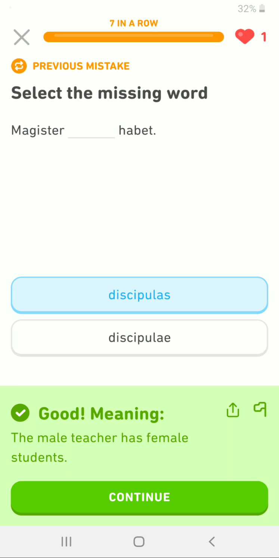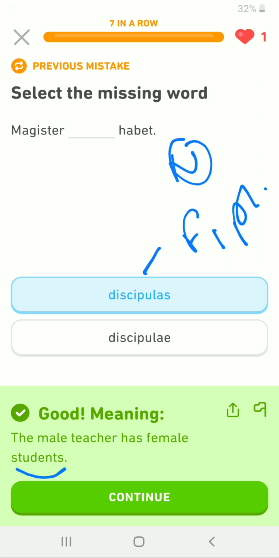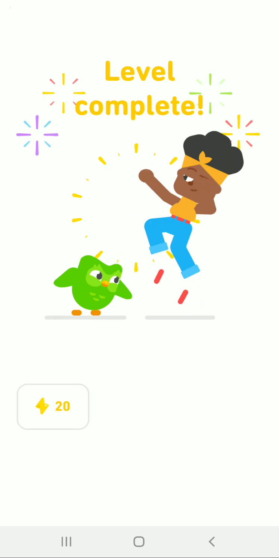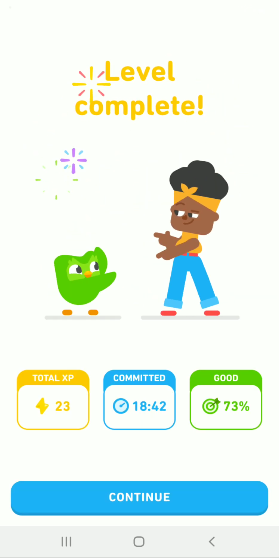Oh, okay. So discipulas is feminine plural, and I think it's also in nominative. That's why. Yeah, I think that's why. We see that it's in plural, so that's the plural form. Okay, that's great. So we are starting to have some insights.